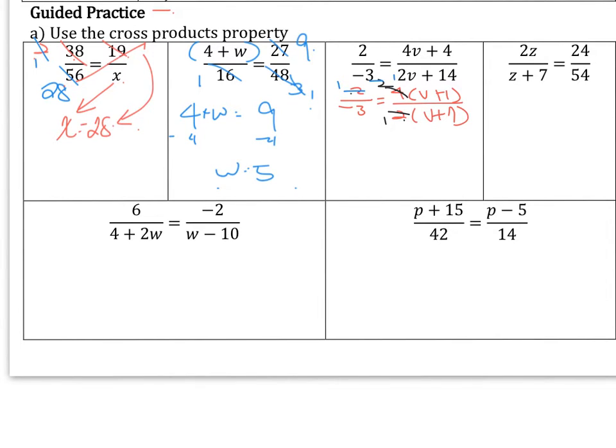And then we can cross multiply. 1 times v plus 7, negative 3 times v plus 1. Okay, and then we have 4v equal to negative 10, and v would equal negative 5/2.